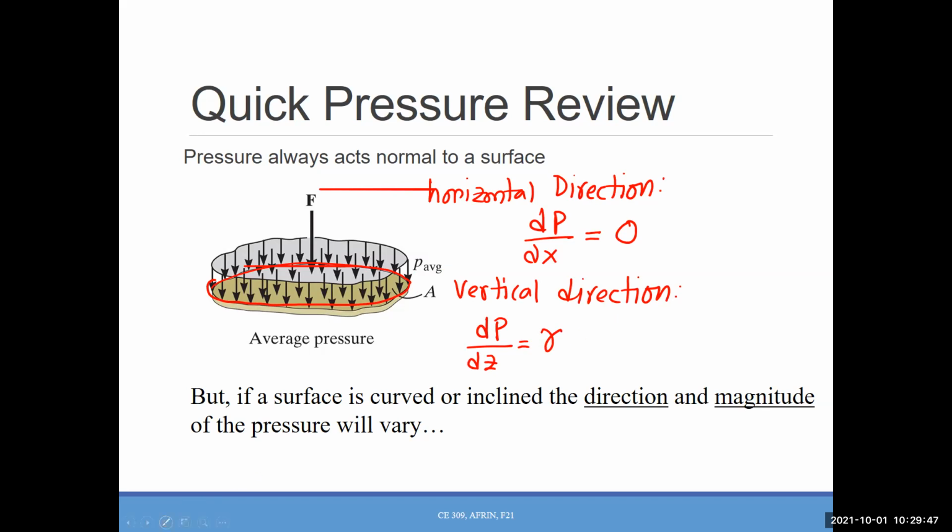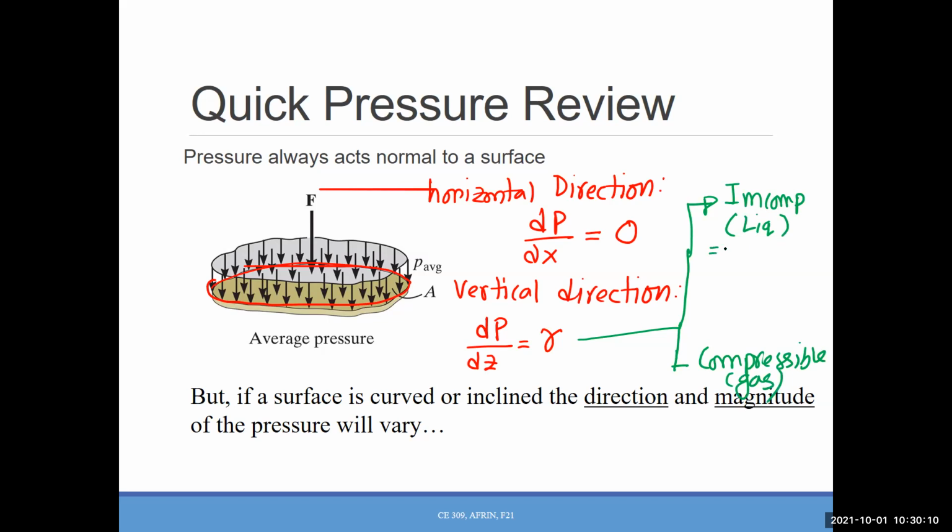For this one, we can have two different types of things. One is incompressible and one is compressible. This one is liquid and this one is gas, right?